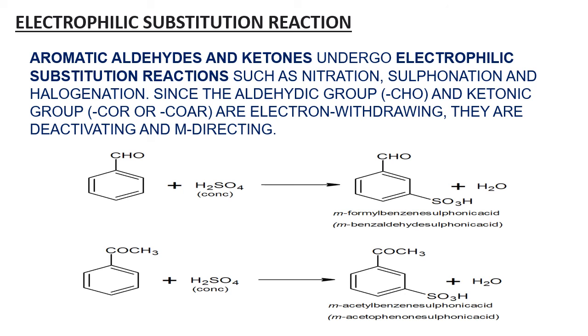In earlier ES reactions, electron movement was from the functional group to the benzene, but here electronic movement is from the benzene to the functional group. Because of this reverse movement of electrons, positive charge is created on the ortho and the para positions.